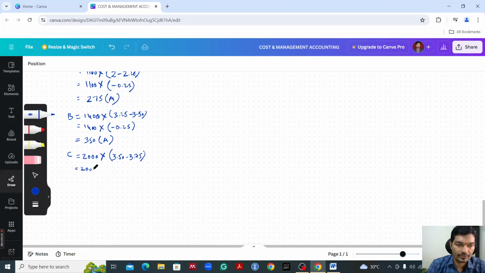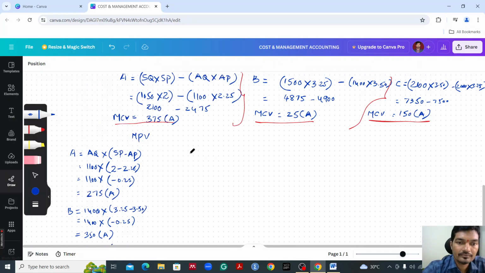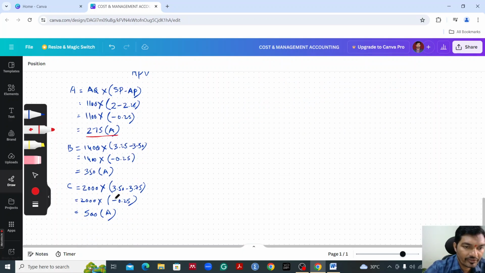So 2000 into, again we got the negative value of 0.25, and we are getting the value of 500, which is adverse. Then this is the MPV: product A 275 adverse, product B 350 adverse, product C 500 adverse.